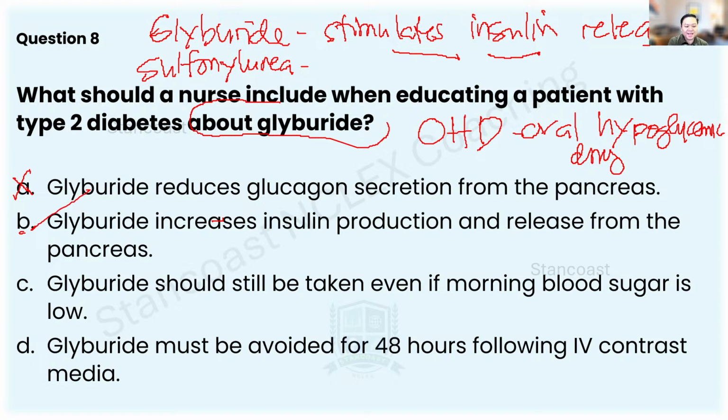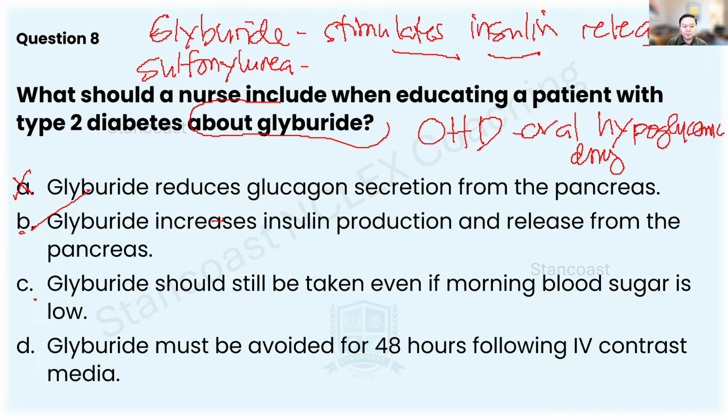If you answered letter C, glyburide should still be taken even if morning blood sugar is low. Wow. If the blood sugar has been low already, this can further decrease the patient's blood sugar. So, if you are the nurse in this scenario, when you are educating them, make sure that they understand the mechanism of the drug.